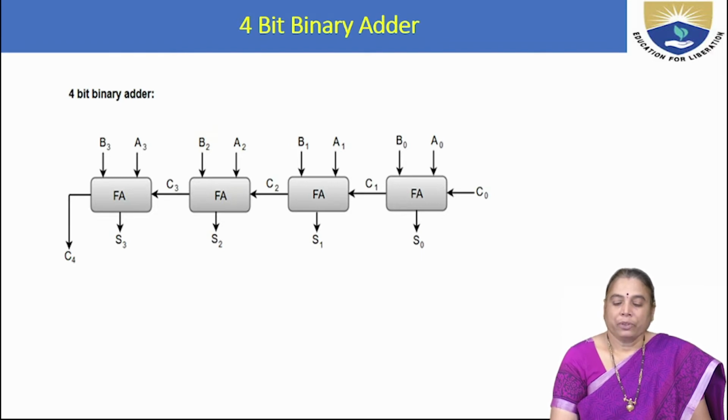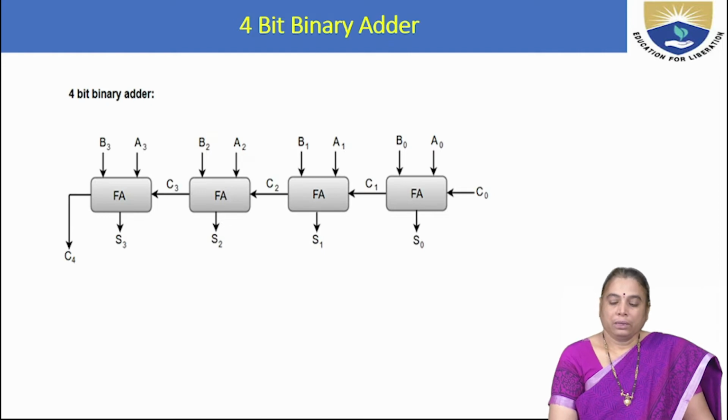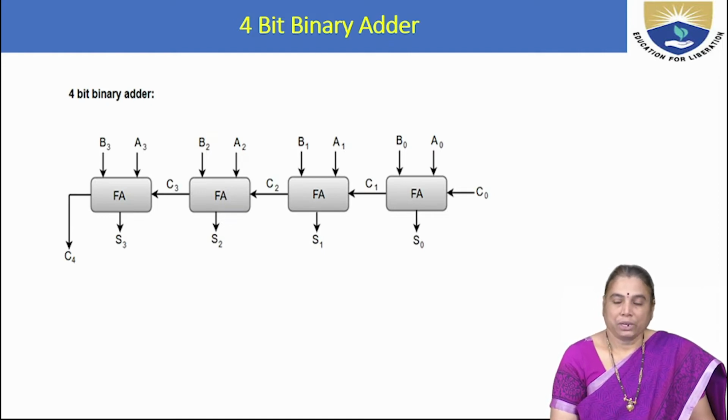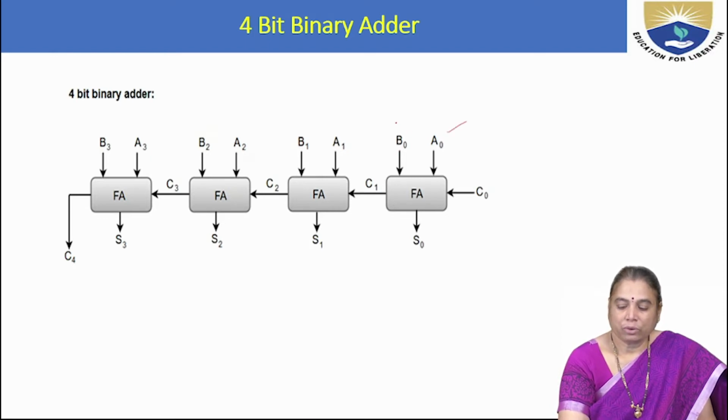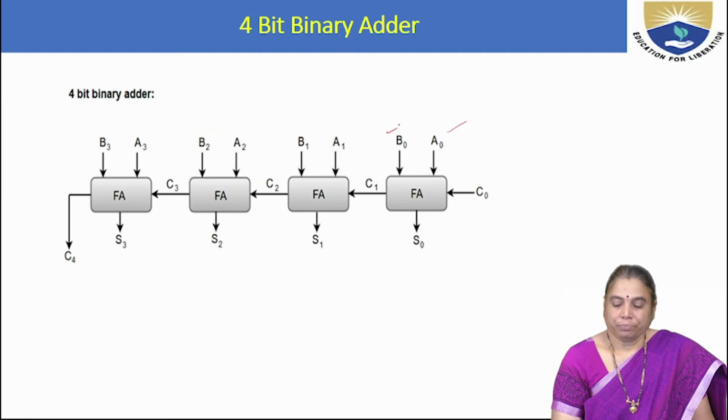So here, the first number used in the addition can be stored in the A register, and the second number can be stored in the B register. So here this is a 4-bit binary adder.